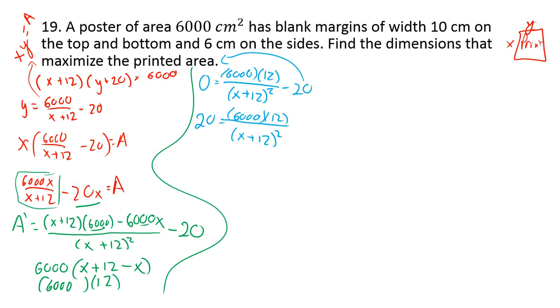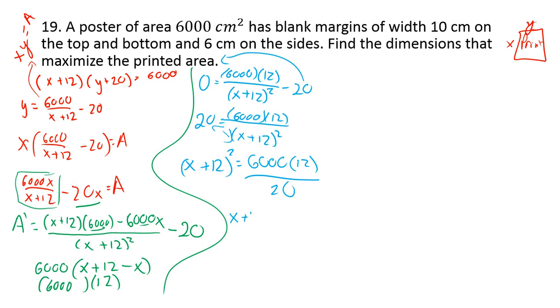Now we want to get this x by itself, so we're just going to switch these, giving us x plus 12, that whole thing squared, is equal to 6,000 times 12 all over 20.